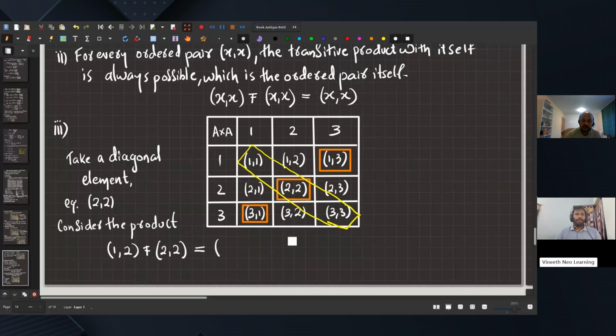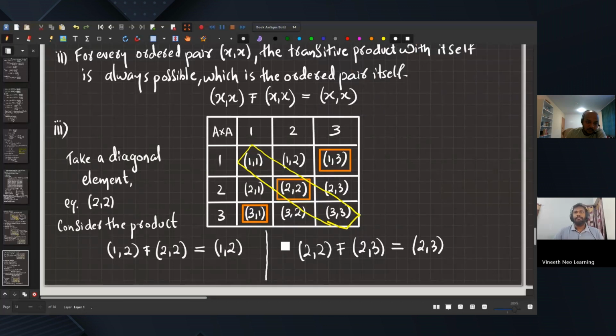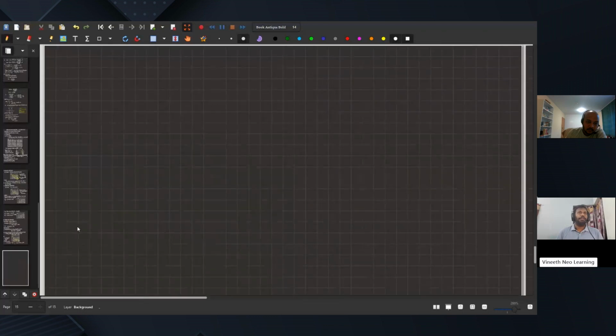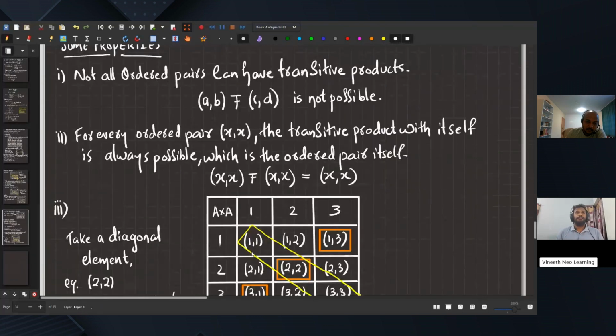(1, 2). The diagonal elements (x, x) are indeed the identities here. Let's take another product, (2, 2) with (2, 3). What is the answer? You got it? It will always give that same ordered pair.